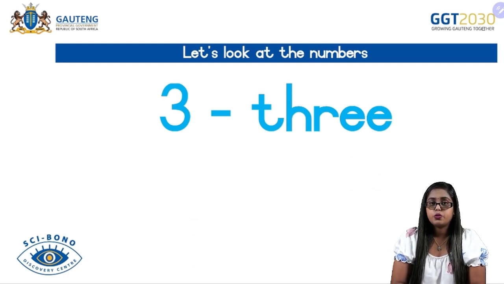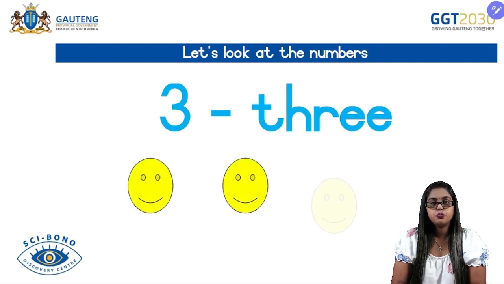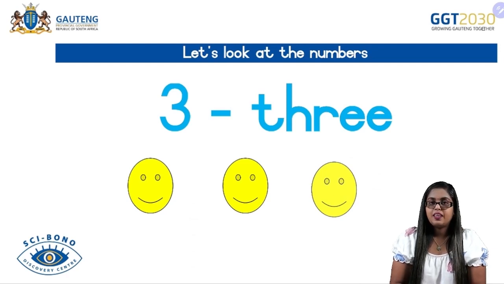Let's look at 3 objects. 1, 2, 3. Do you know what this is? This is a smiley. I'm sure some of you get these in your books for good work. So well done. Now we have counted up till 3.